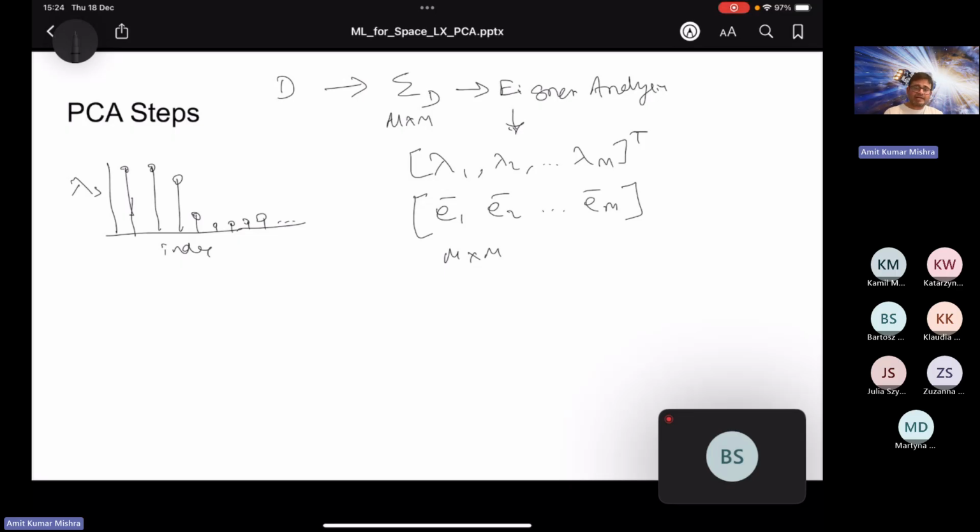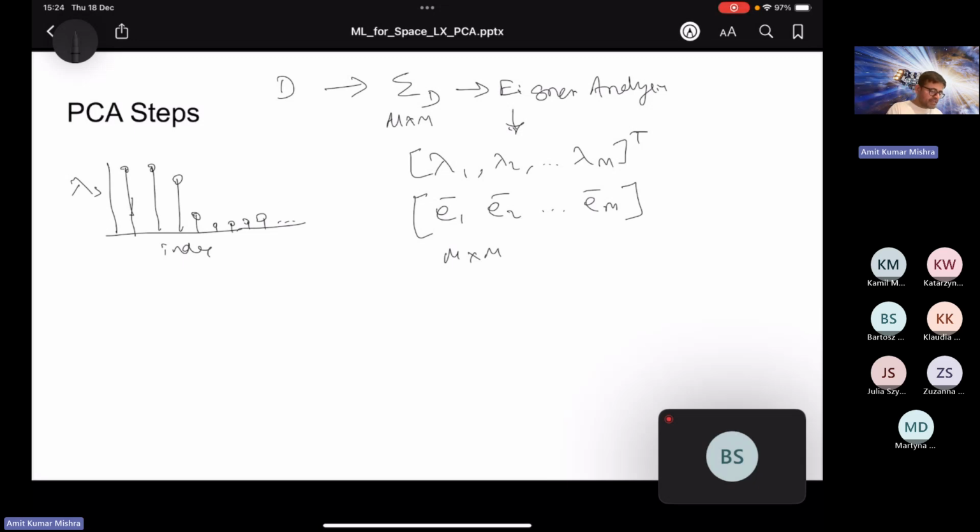That implies that if, let's say, the first 10 eigenvalues are very high, only 10 variables are actually uncorrelated, or only 10 variables have most of the information. Beyond that, they are quite low.